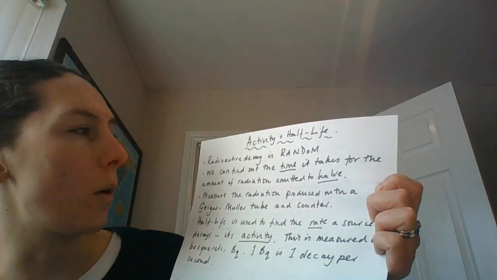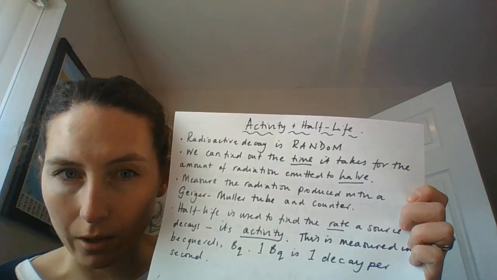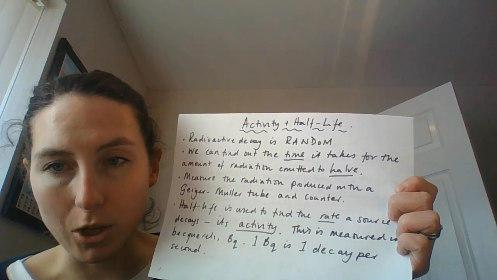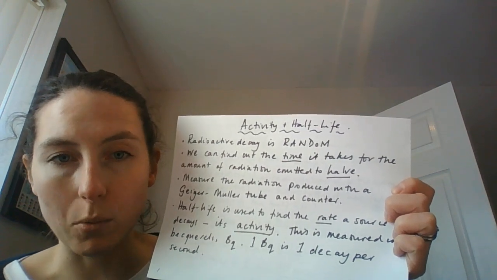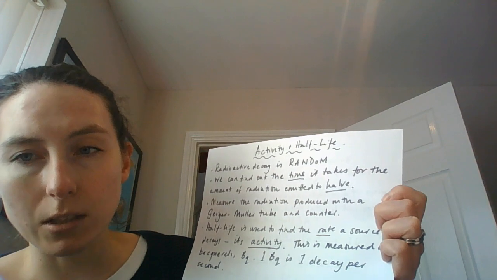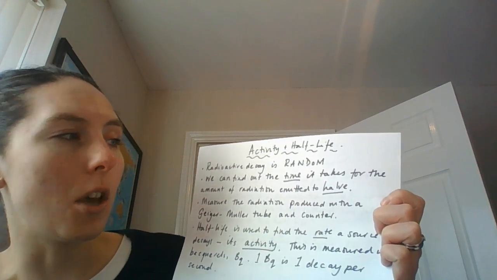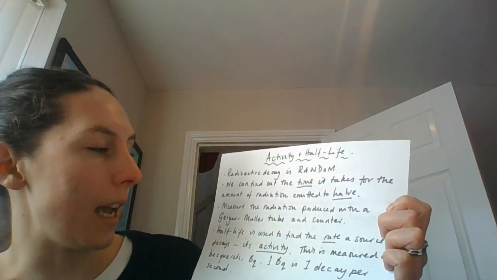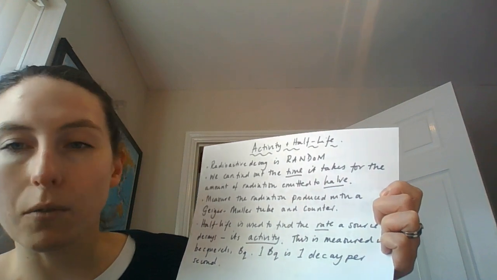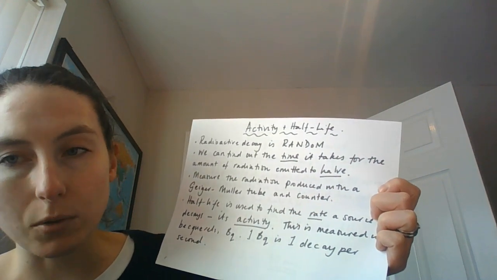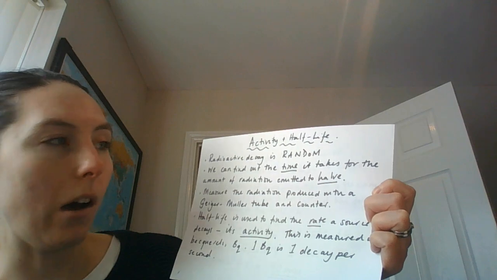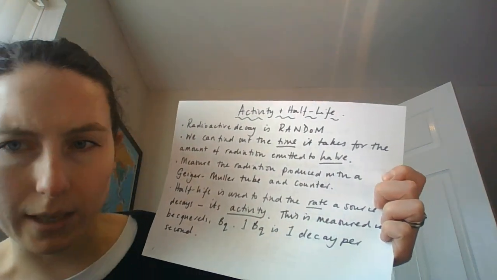We can't tell which one will go next. However, we can get some information about the rate at which the sample will decay, and this is known as the half-life. So the half-life is defined as the time it takes for the number of nuclei in your sample to decay by 1/2.